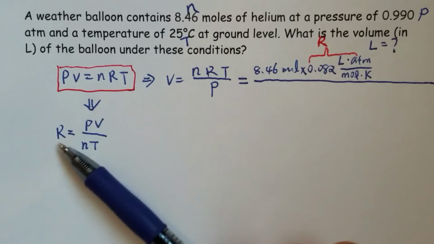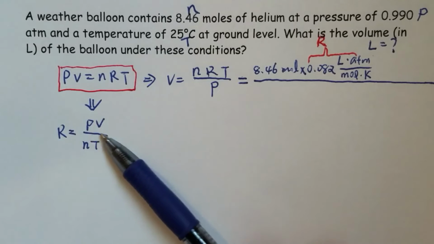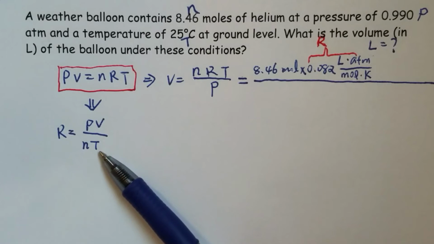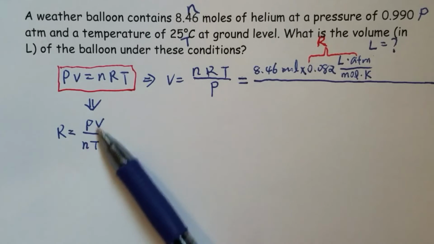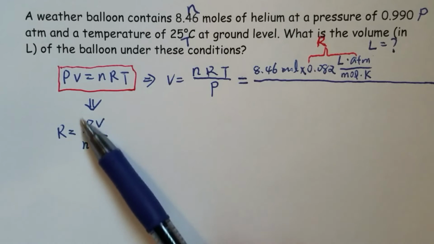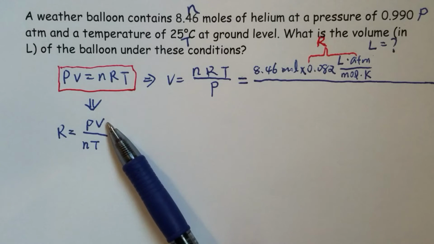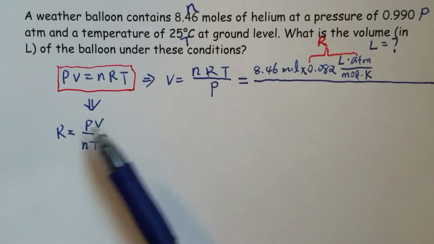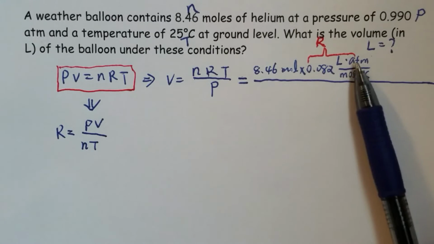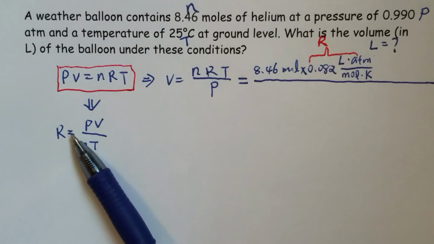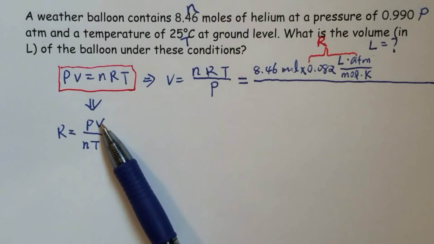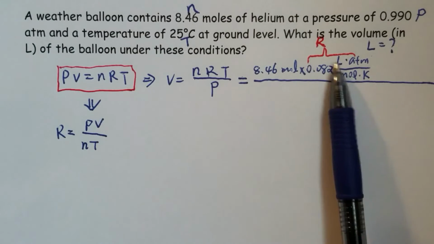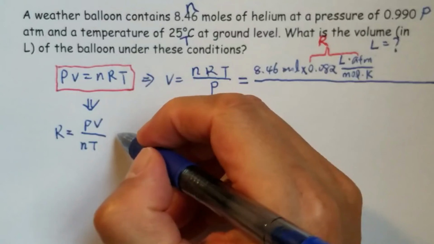And now the gas constant, PV over nT, should always be a constant, depending on, of course, what kind of units you use for P and V. So then you would get a different value. That's why you use different units.